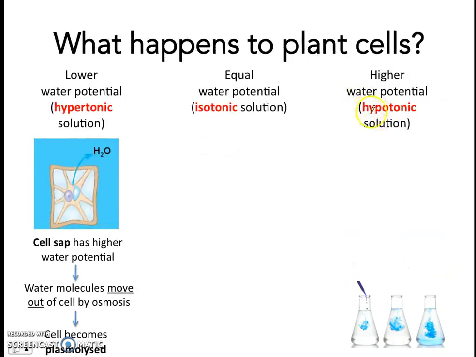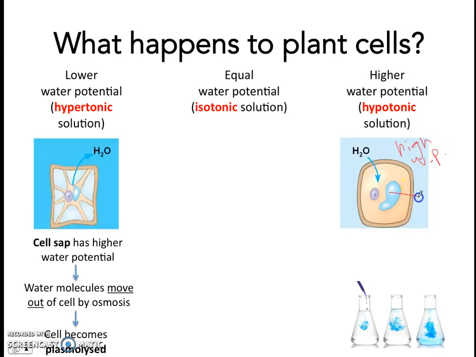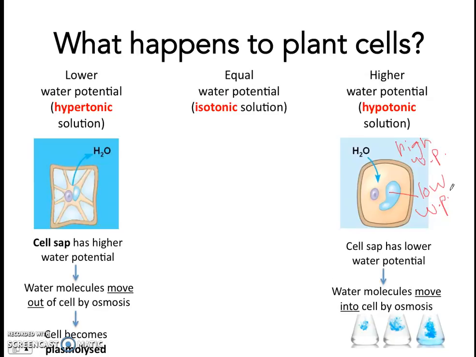Now let's come back to our table. What happens when you place plant cells into a hypotonic solution, meaning the water potential outside the cell is much higher compared to the water potential in the cell sap? In which direction does water move? You're right to say that because the cell sap has lower water potential, water molecules now move into the cell by osmosis.